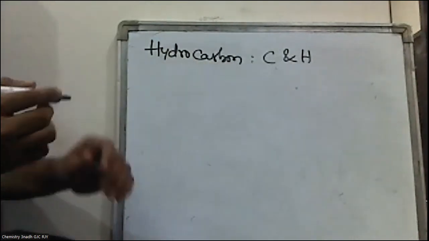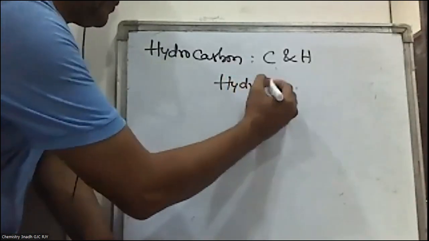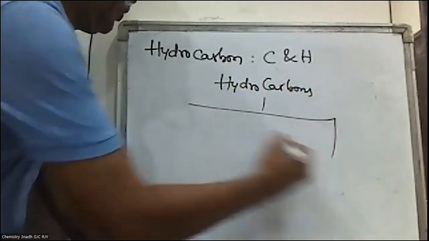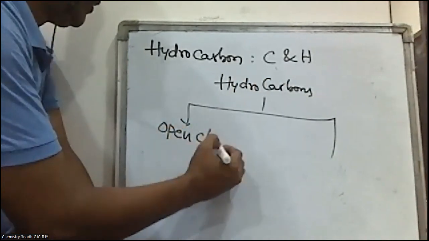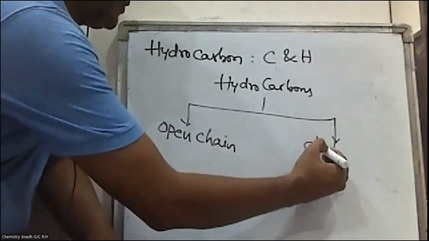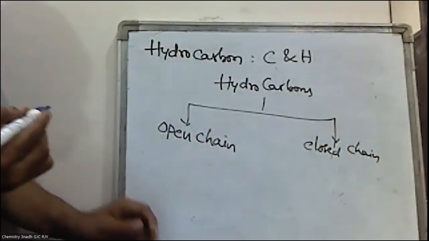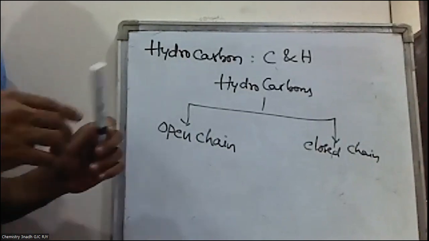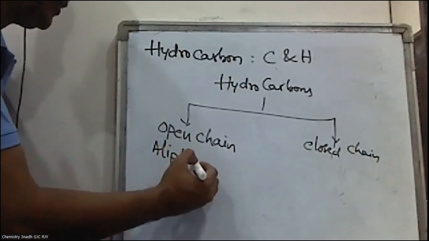And we know that these hydrocarbons are divided into two types: open chain compounds and closed chain compounds. Open chain compounds are also called aliphatic compounds.